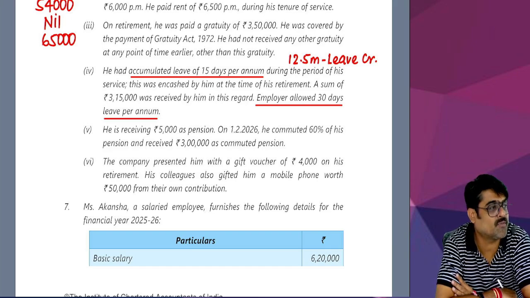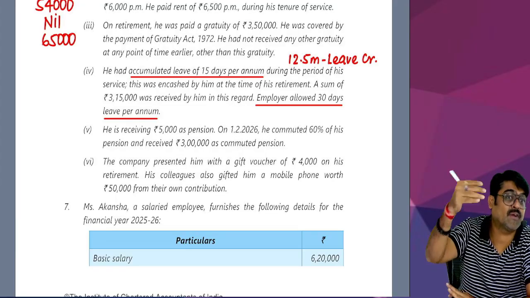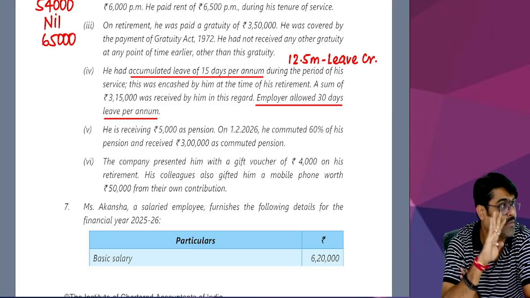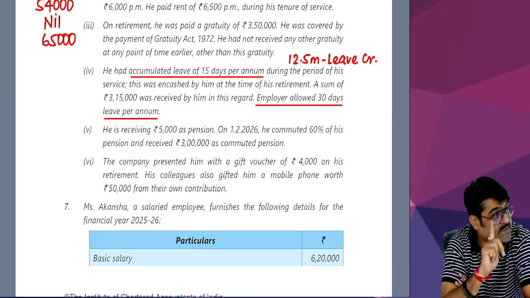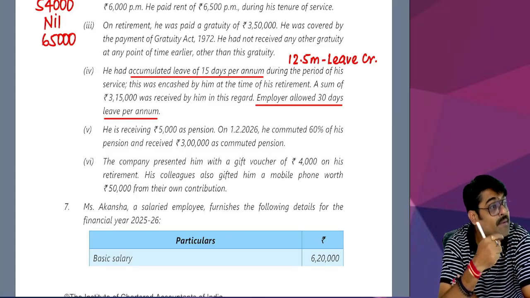But on 1st February, he commuted 60%. So will he get 5,000 in the month of February or only 40%? Out of 5,000 monthly pension, if he is commuting 60%, how much is still uncommuted? 40%. So 5,000 into 40%, 2,000 is still uncommuted, which he is going to receive for February and March.